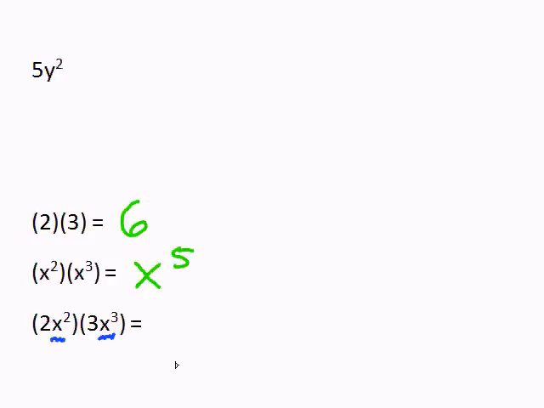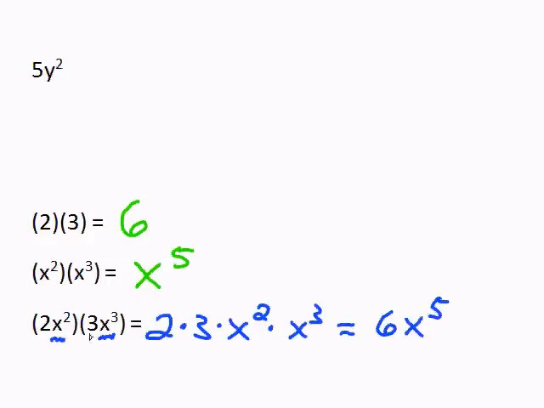And remember, if you have a string of things being multiplied, you can change their order. I can rewrite this as 2 times 3 times x squared times x to the third. That's just the same thing as 6x to the 5th. So notice, when there are numbers in front of the x's, you multiply those numbers out front first. Then you multiply your like bases by adding their exponents.